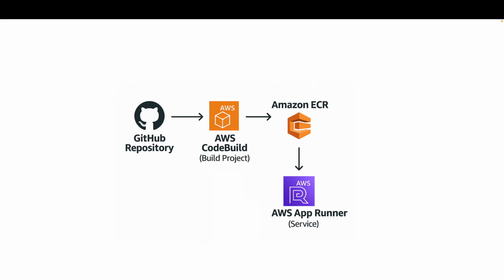App Runner is best for web applications, APIs, and microservices with variable traffic. If you're not sure whether it will be very busy, like a thousand requests today, or maybe not, that's the best case.